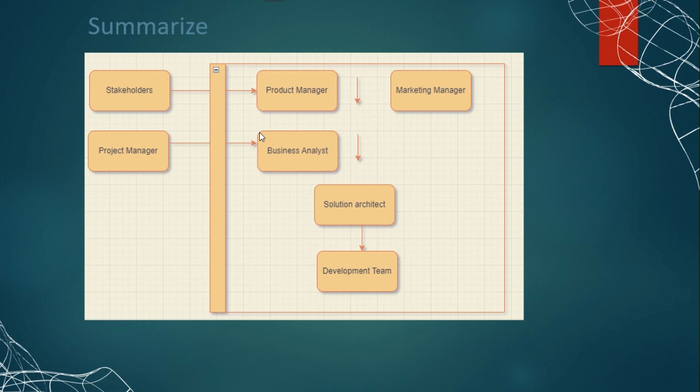Just to summarize, we have stakeholders, product managers, marketing managers, project managers, business analysts, solution architects, and the development teams. The stakeholder is the one who comes up with a new requirement; he is the business. Then the project manager and the product manager. The product manager has a bigger scope in context to the project manager.